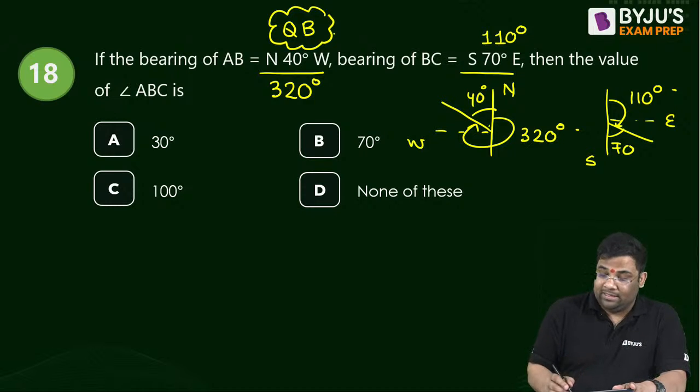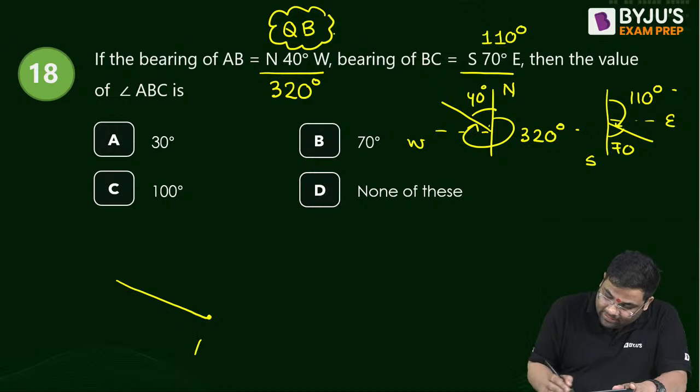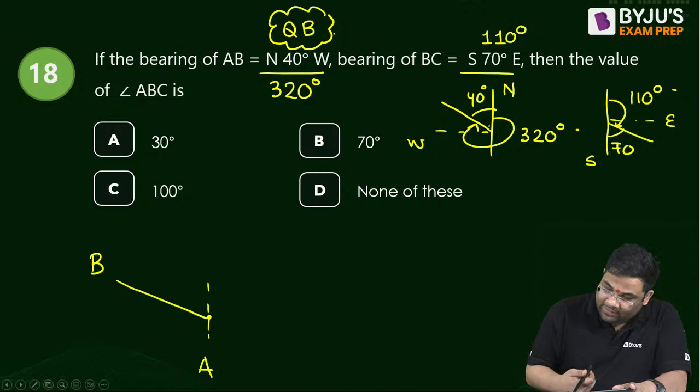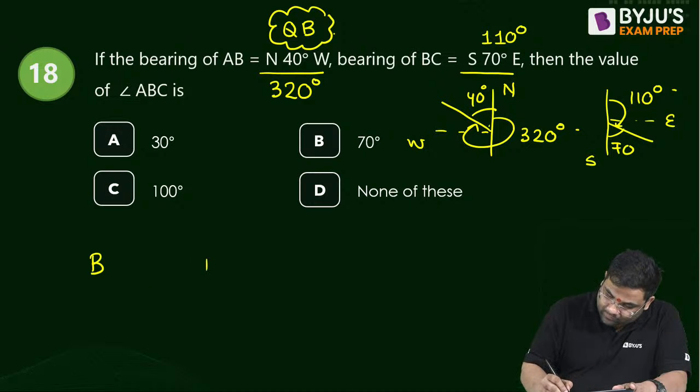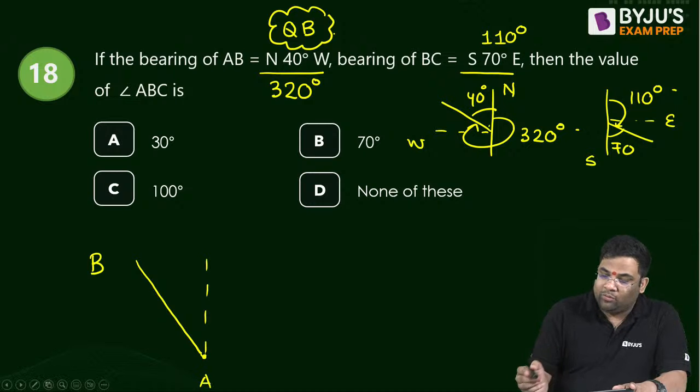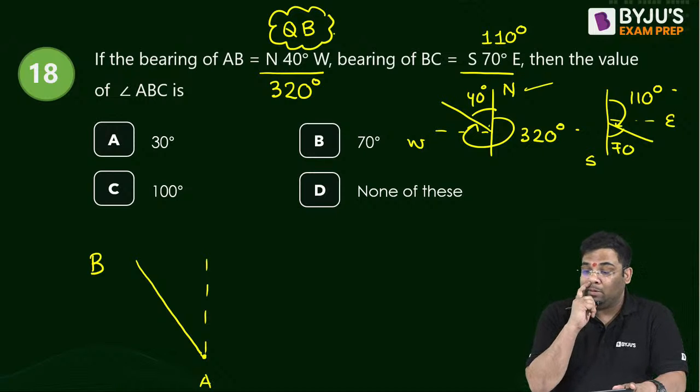AB is 320. So I can say this is AB, right? Or I can draw a little better here. 40 degree will be like this. This is AB. Now BC is how much?